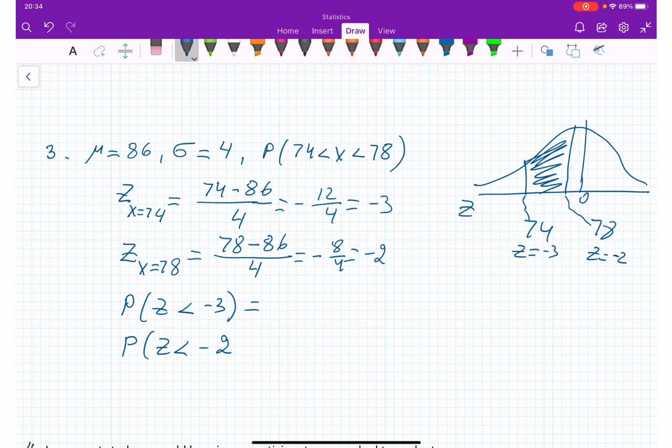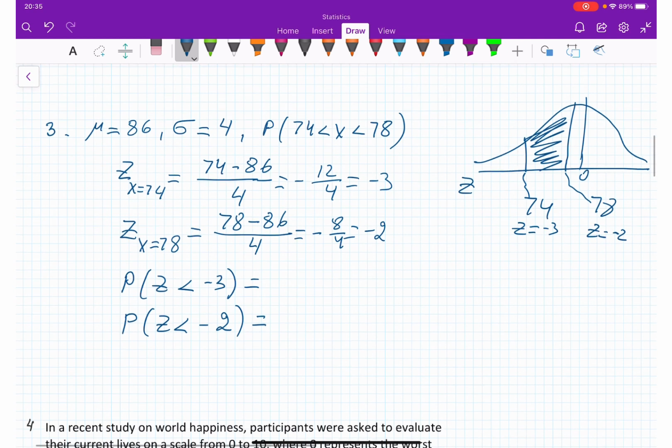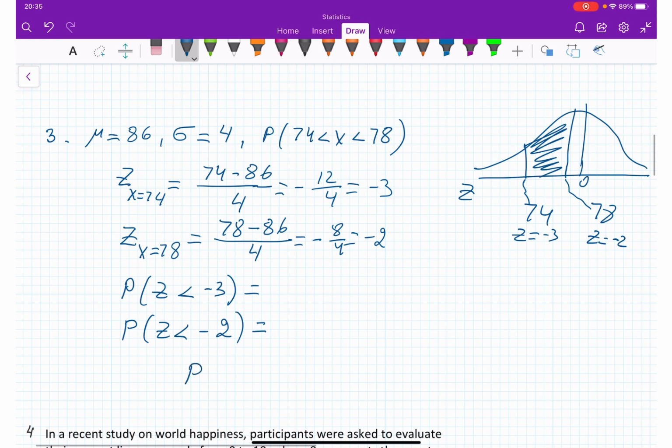Okay, all right. So we will do the probability for z-score for 78, which is less than -2. I need to subtract the probability for z-score less than -3, because 78 is greater than 74.